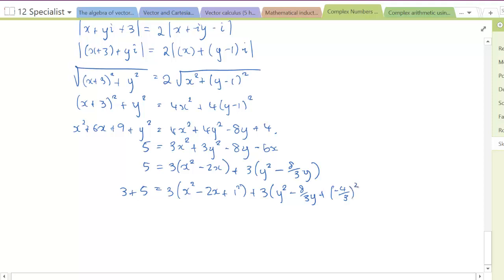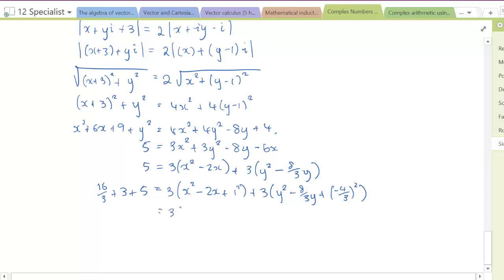That's half of that, all squared. So it means that's 16 on 9 that we've added in, multiplied by 3, so it's 16 on 3. So we have to add 16 on 3 to the other side.